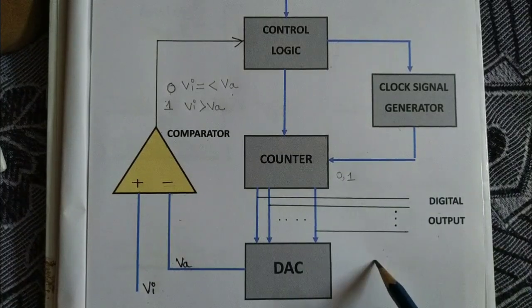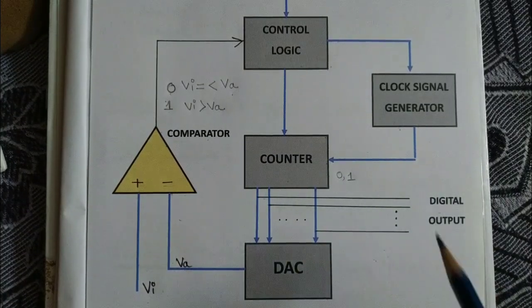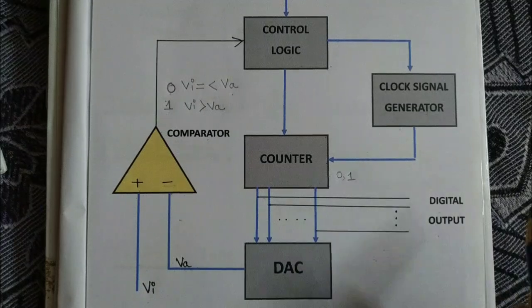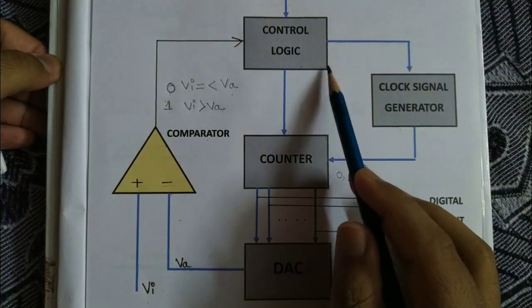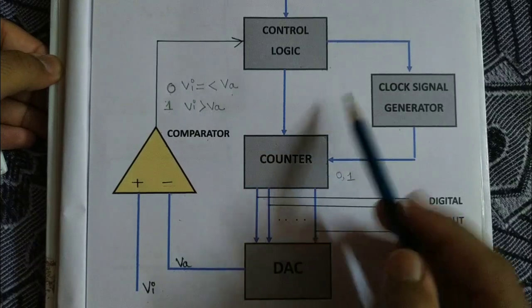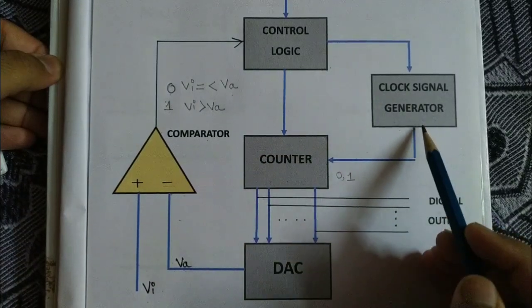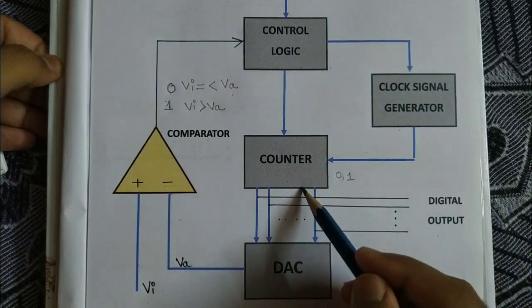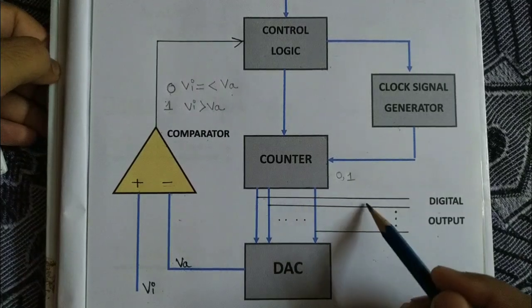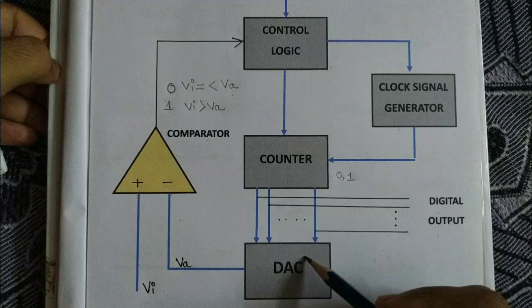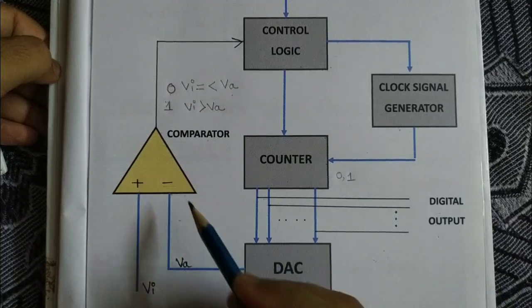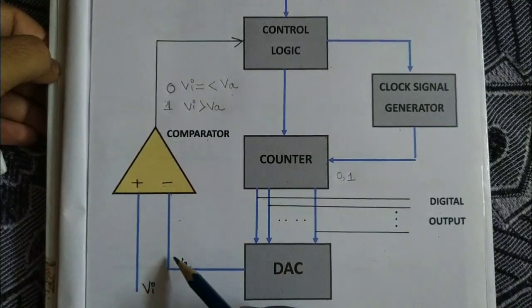If you understand all the blocks working, then you can easily explain after seeing the block diagram. So just a recall, first is control logic. It will instruct the counter. Counter gets clock pulse from clock signal generator. Counter produces digital output which is also shown in display, and it is fed back to DAC. DAC will produce VA and comparator will compare VI and VA.